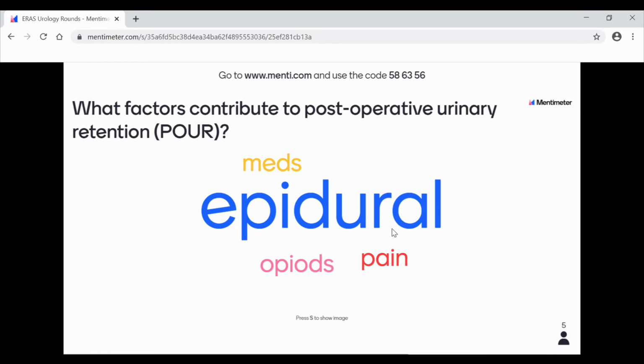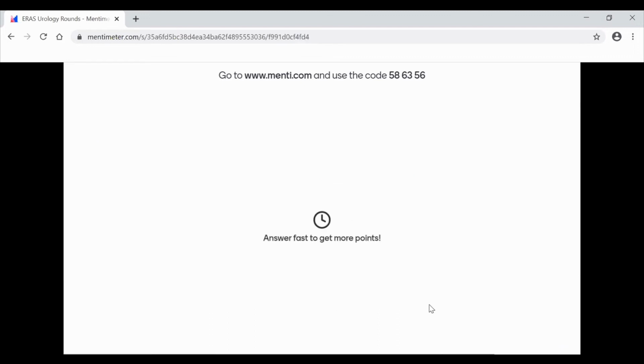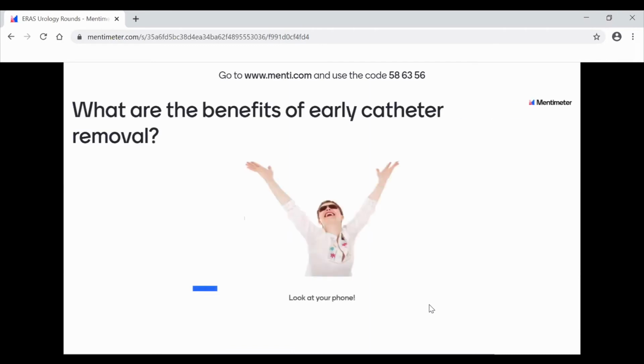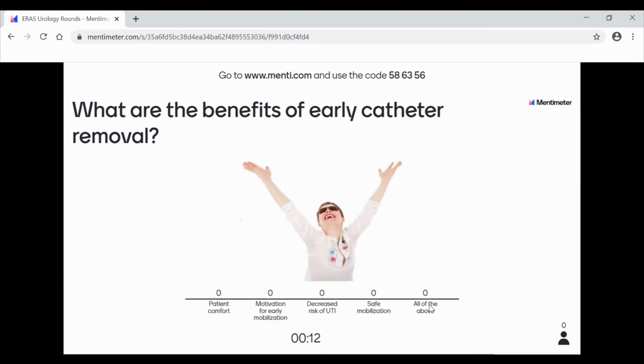Okay, and we're going to do one more question around urinary retention and early catheter removal. What are the benefits of early catheter removal? This one is a multiple choice.